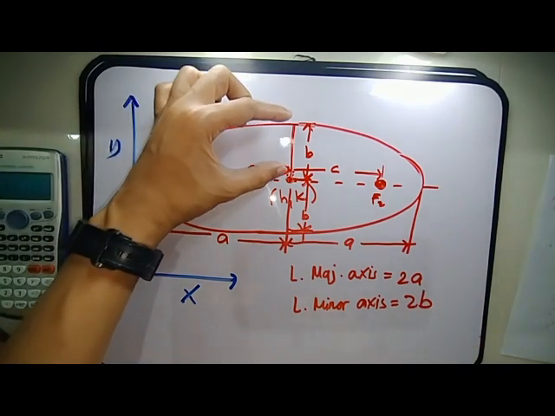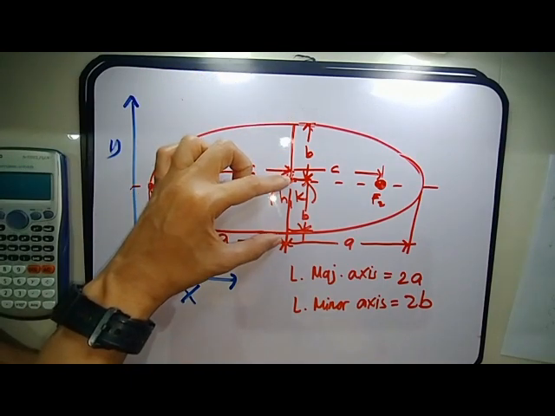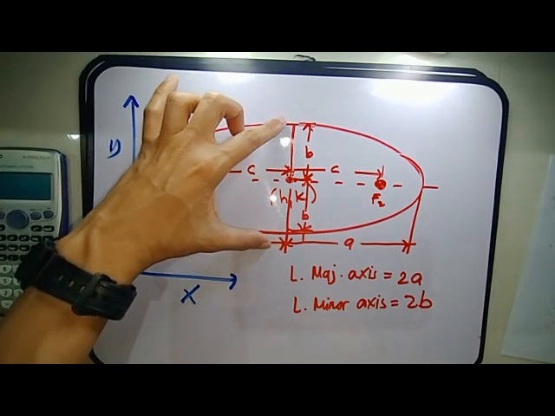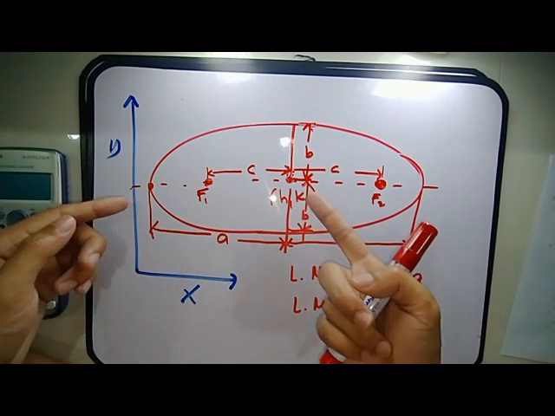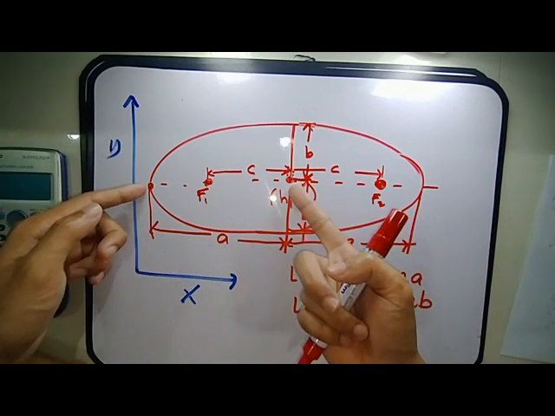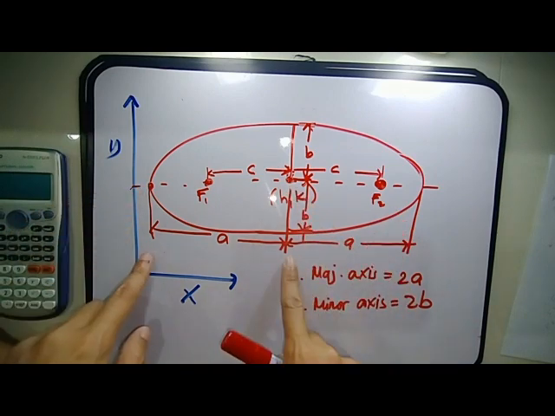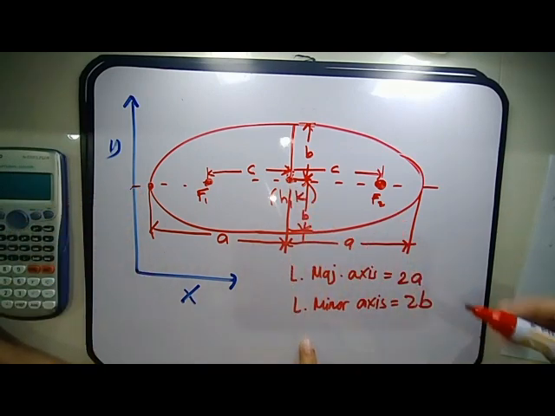So ito siya. This one and this one. So yung total length niya is the minor axis, and the length from the center to the other side of your ellipse, yung mas mahaba, A plus A, that is your major axis.